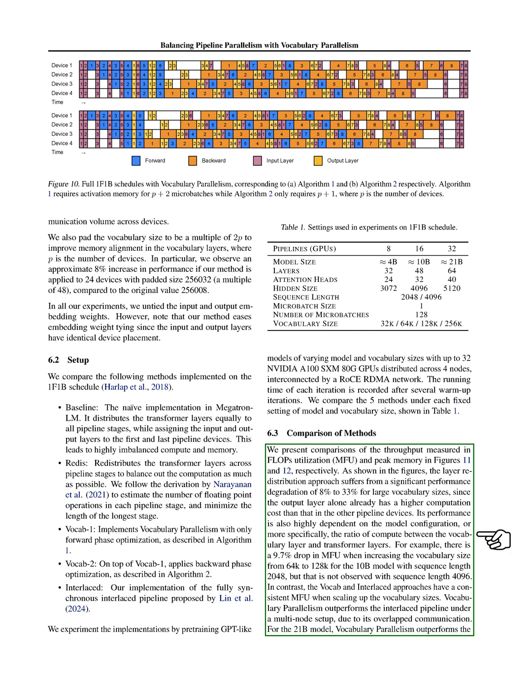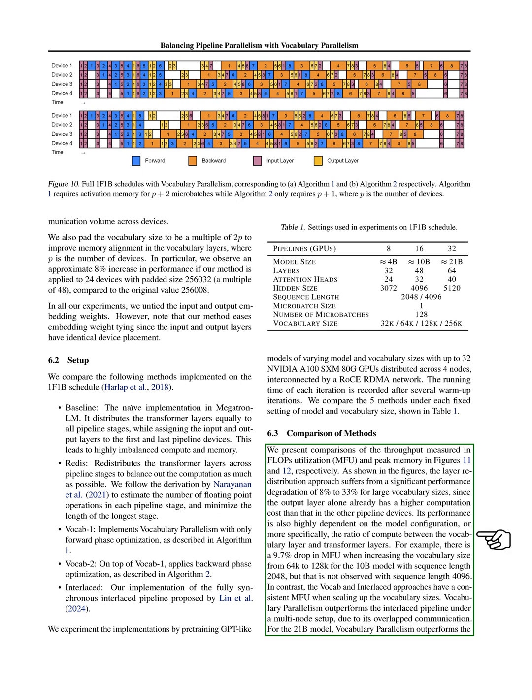Vocabulary parallelism outperforms the interlaced pipeline in a multi-node setup due to its overlapping communication, achieving 6.7% to 8.2% better utilization for the 21 billion model. For peak memory usage, the naive implementation and layer redistribution methods show imbalanced memory usage, leading to high peak memory for large vocabulary sizes.